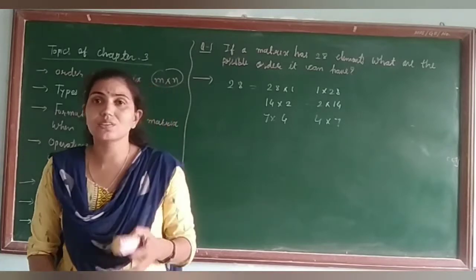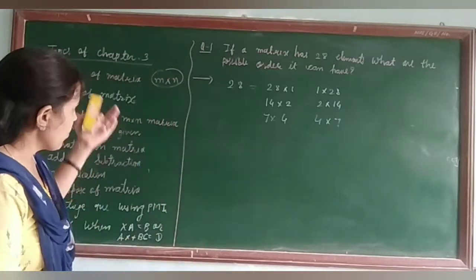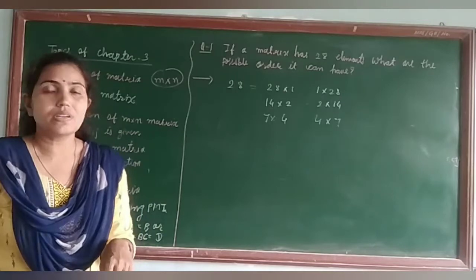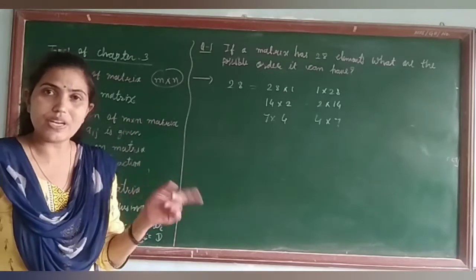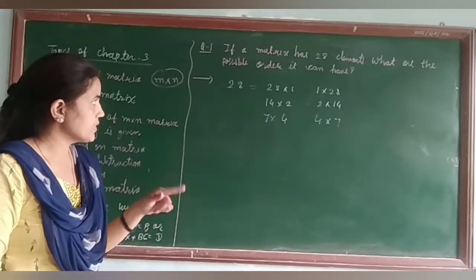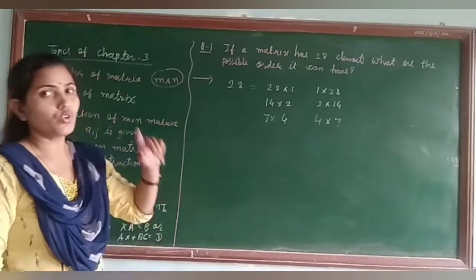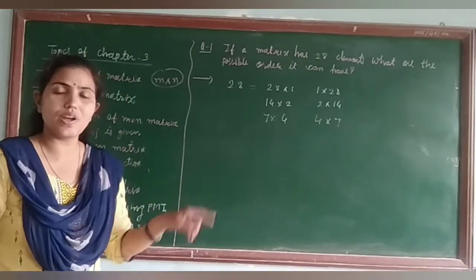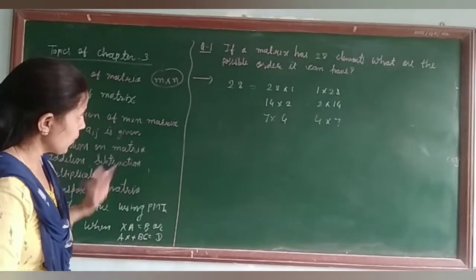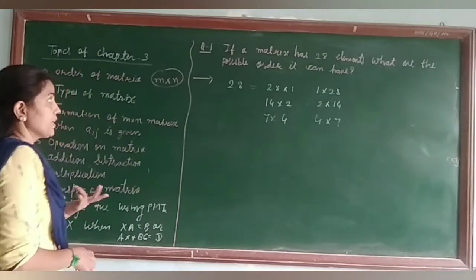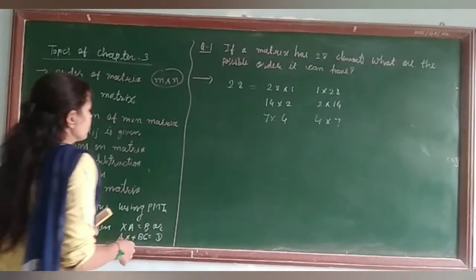So these are all the possible orders of the matrix when total elements are 28: 28 by 1, 1 by 28, 14 by 2, 2 by 14, 7 by 4 and 4 by 7.